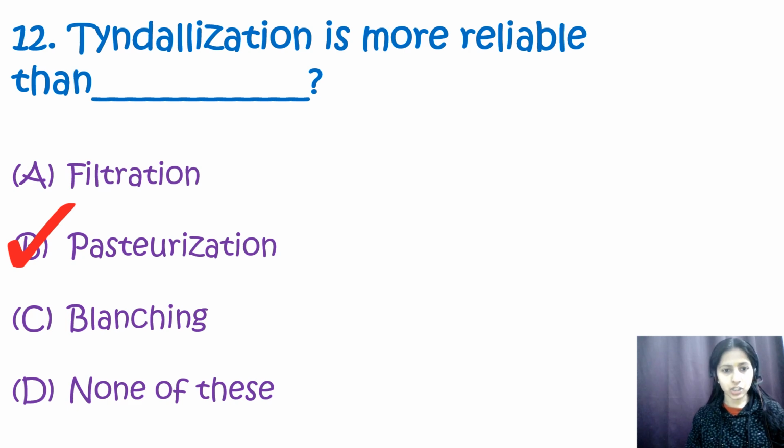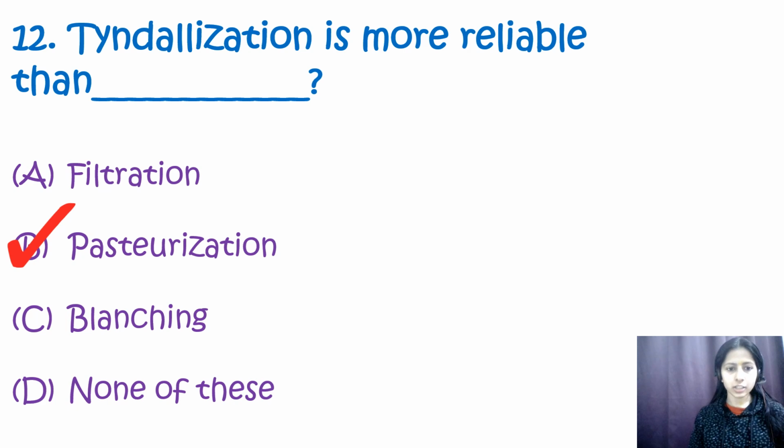Whereas in the blanching process, the food is immersed in hot water or steam, followed by cold water or rapid cooling in ice water. It is actually done to inactivate the enzymes.